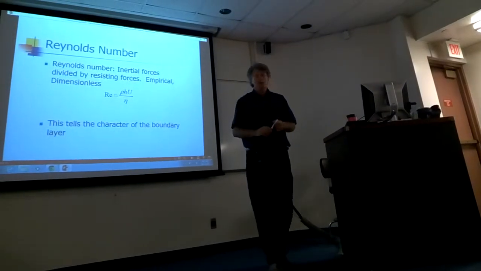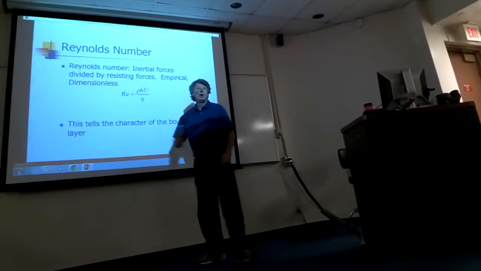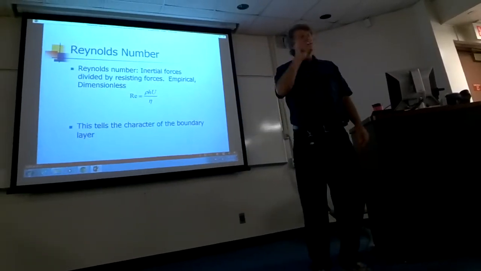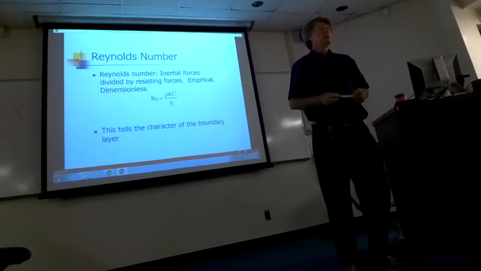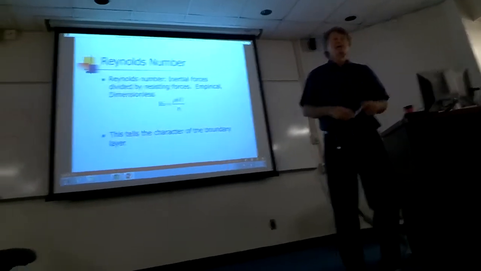And so what he found was that when the Reynolds number is smaller than 500, you have laminar flow. It says 500 in your handout. Okay, 500. Good looking out.